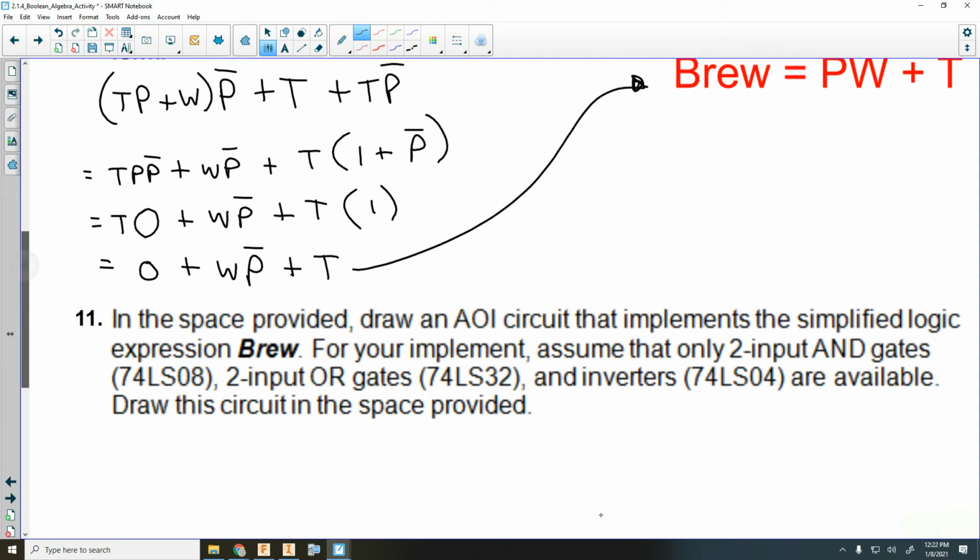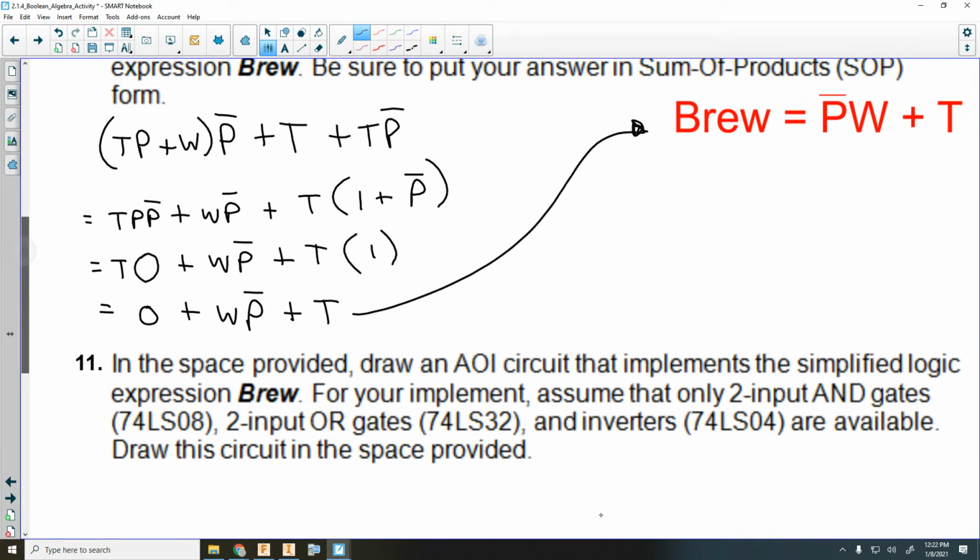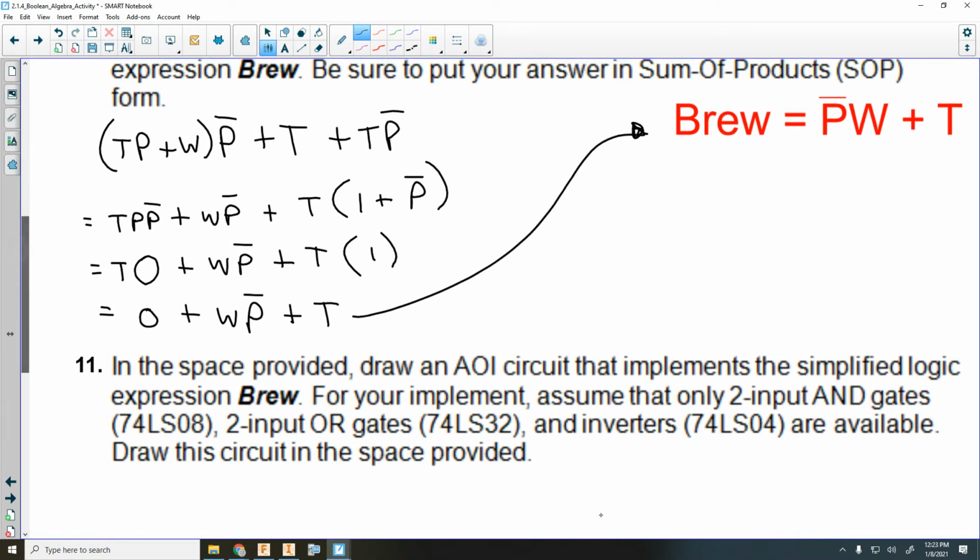Let's see. All right, so now what do we need? We need P naught W or T. Doesn't matter the order on that. So can we draw that circuit? That's pretty easy, isn't it? P, W, T, and P needs to be inverted.